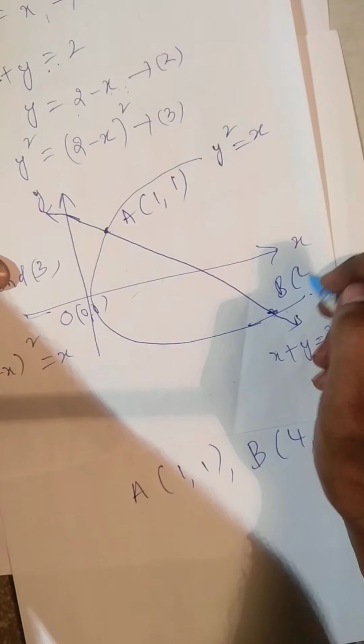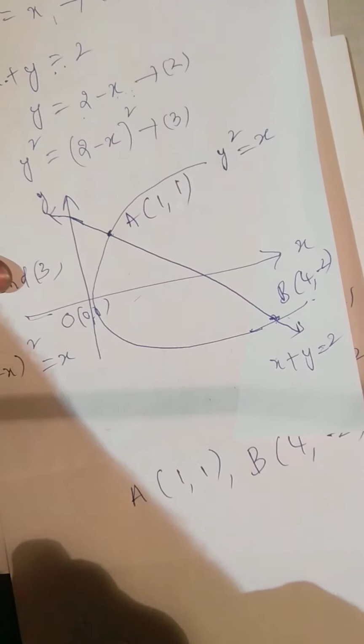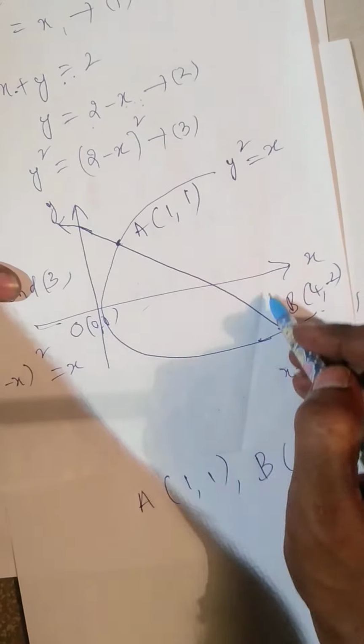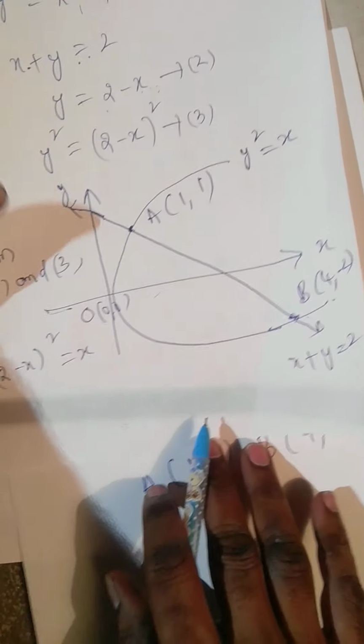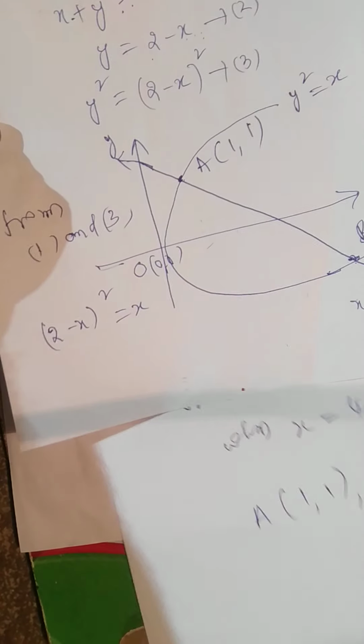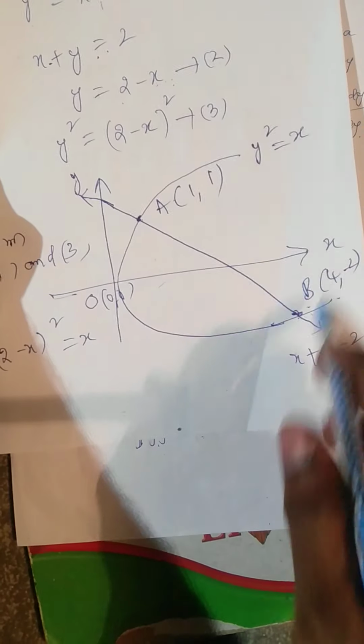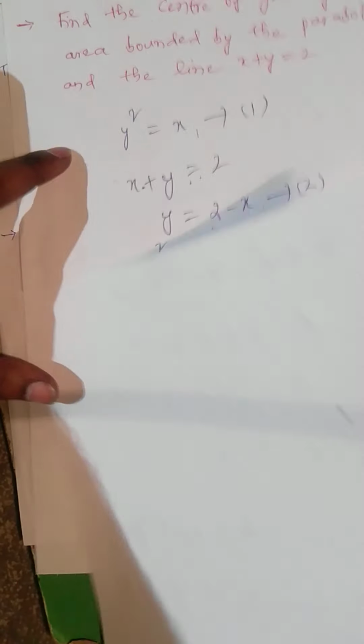Now OAB is your lamina. Now we have to find the center of gravity. So the points of intersection of this parabola and straight line are 1 comma 1 and 4 comma minus 2. Now we want to find the center of gravity.